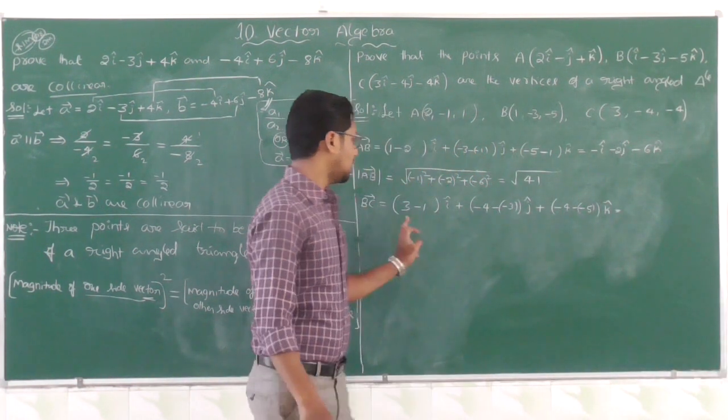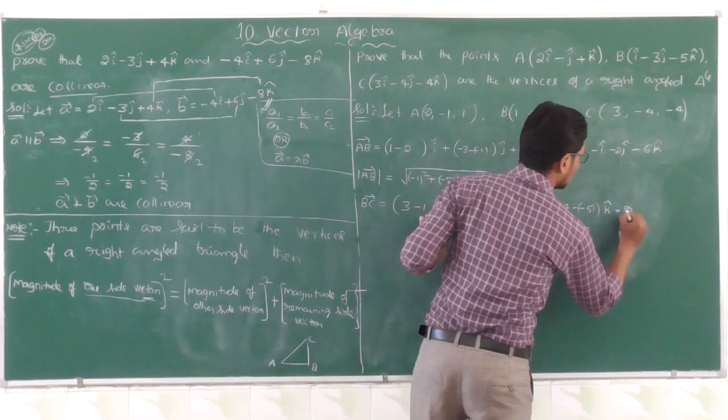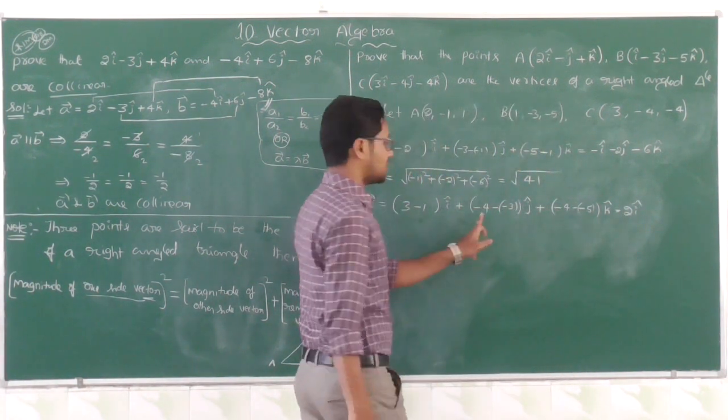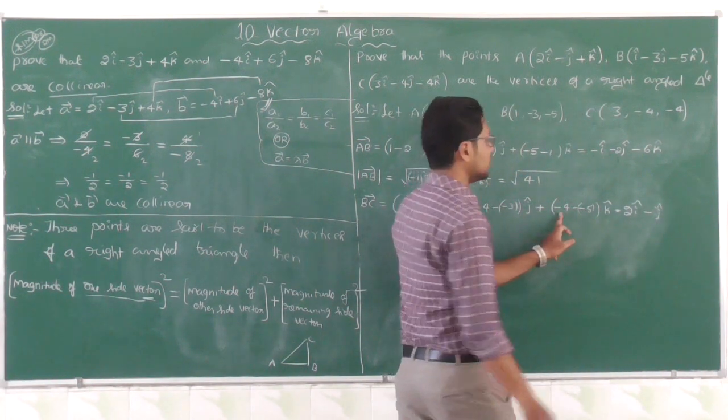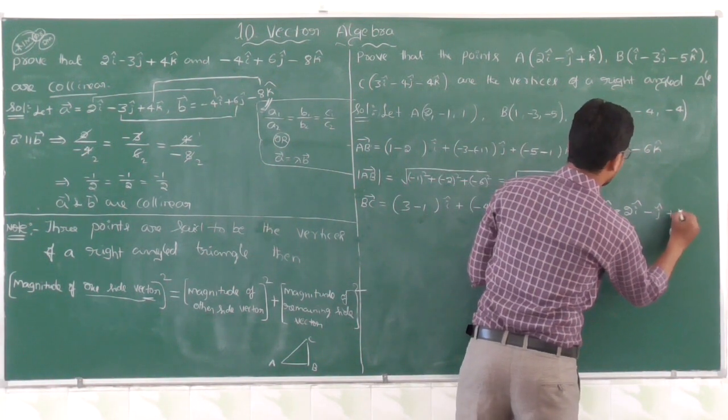Simplify it: 3 minus 1 is 2, so 2i cap. Minus 4 plus 3 is minus j cap. Minus 4 plus 5 is plus k cap.